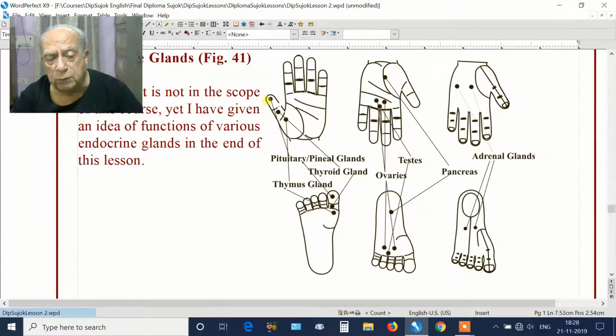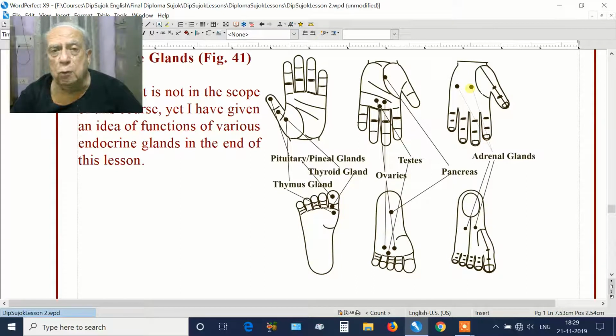Endocrine glands are pituitary and pineal, then thyroid, and then thymus. Here also, pituitary, pineal, thyroid, and thymus. And this is pancreas. Sorry, these two are ovaries and this is testis. Ovaries and single one is testis. And these two are adrenal glands.